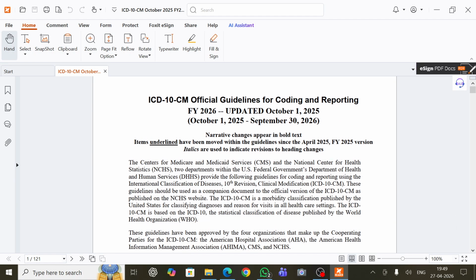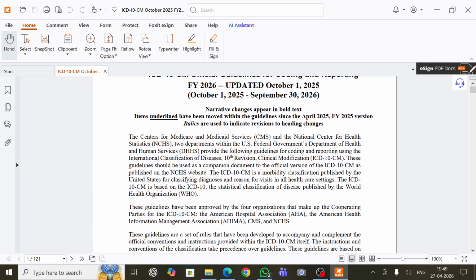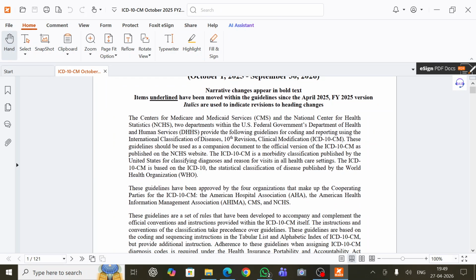Every first of October, ICD-10-CM adds some new codes, deletes some codes, and some codes are revised. Basically, in ICD-10-CM there are four quarterly updates. It means the new updated guidelines are released by the AHA Coding Clinic.